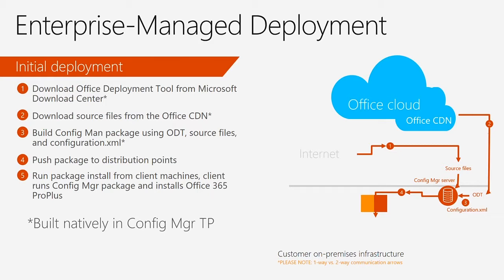It has the Office deployment tool, the ability to create customized XML files, and your source files all baked natively into ConfigMan. So you don't have to go out and download the deployment tool and run it manually through command lines every time. It's all done, and your customizations can all be done, through an easy wizard, which we'll cover at the end here. It's a solution that's fully in ConfigMan, not having to balance multiple things.